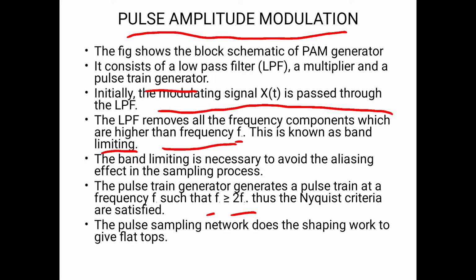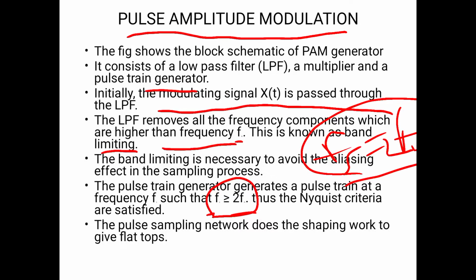This situation is the sampling theorem. If fs equals 2 fm, then that is known as the Nyquist criterion. If fs is greater than 2 fm, then that is known as the normal sampling theorem.